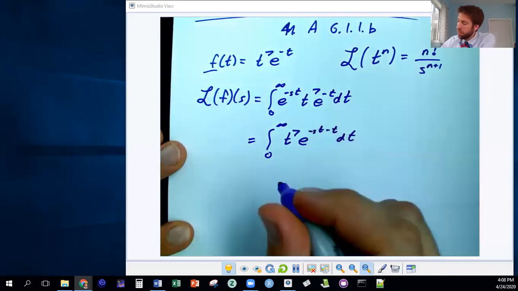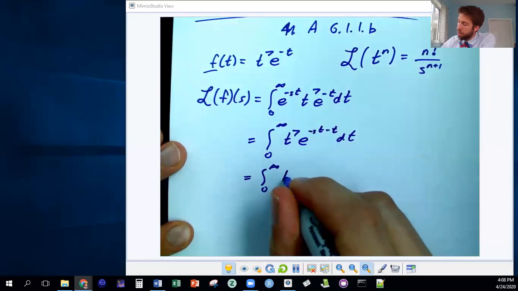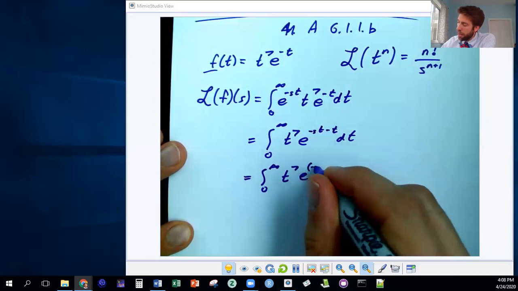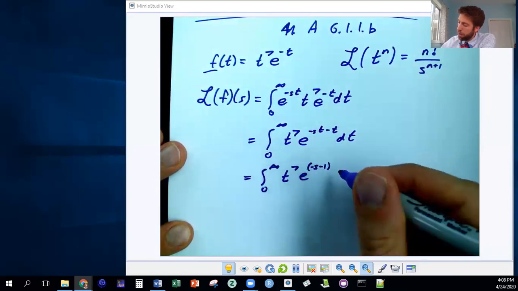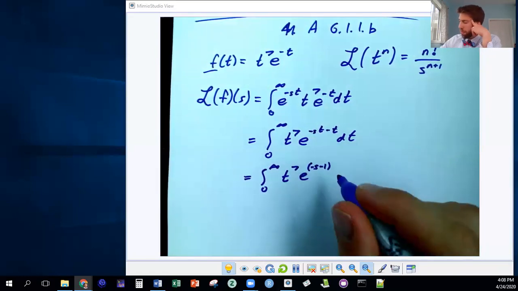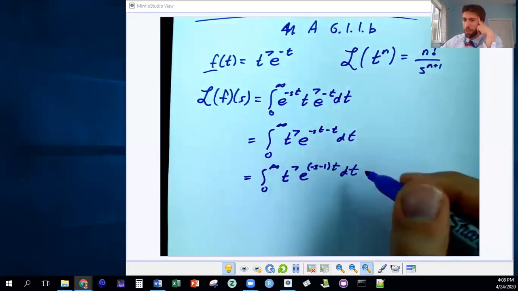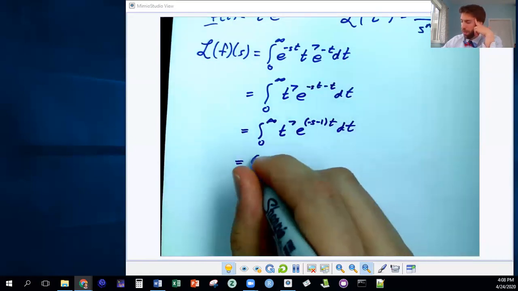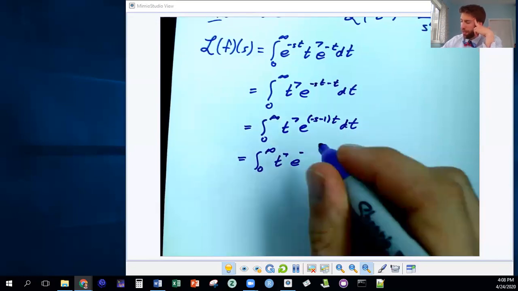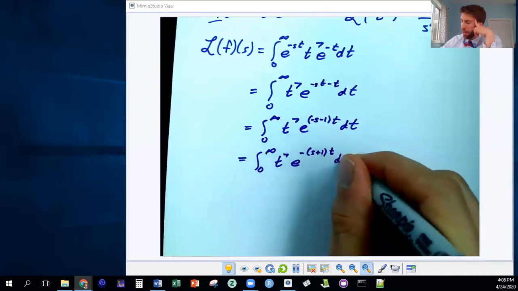Okay? Now, integral 0 to infinity, t to the 7th, I'm going to factor out the t. So e to the negative s minus 1 times t dt. I might even write it a different way: 0 to infinity, t to the 7th, e to the negative s plus 1 times t dt.